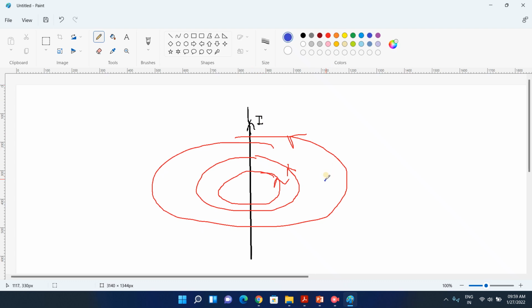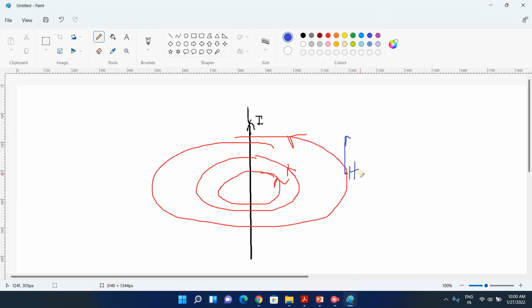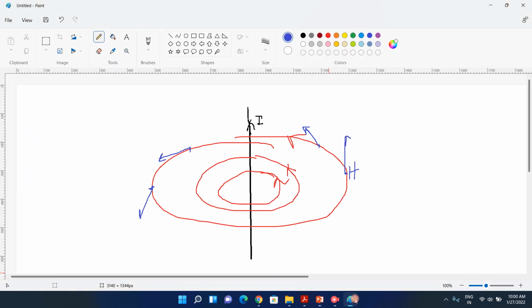At any point in this magnetic field, there will be some magnetic field intensity H. The statement is that the line integral of the tangential component of H around a closed path, taking the tangential component of H at each point along the entire closed path because it has some length, is the same as the net current enclosed.